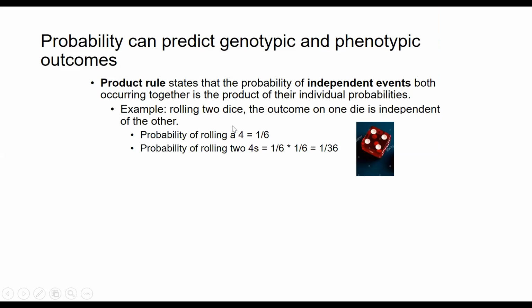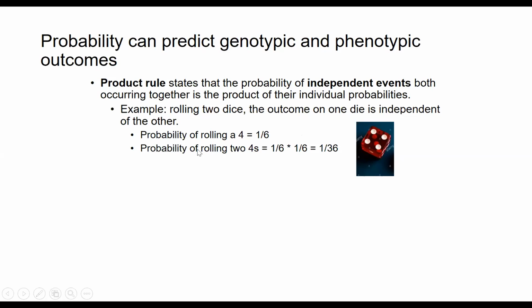So for example, if you take 2 dice, the outcome on one of the dice is independent of the other, right? So in this case, the probability of rolling a 4 is 1 out of 6 because it has 6 sides, one side that says 4.